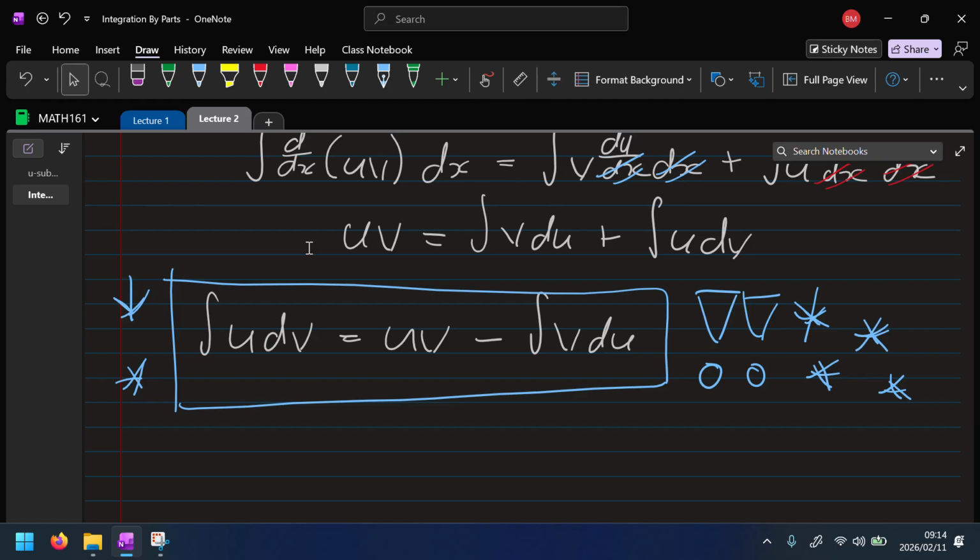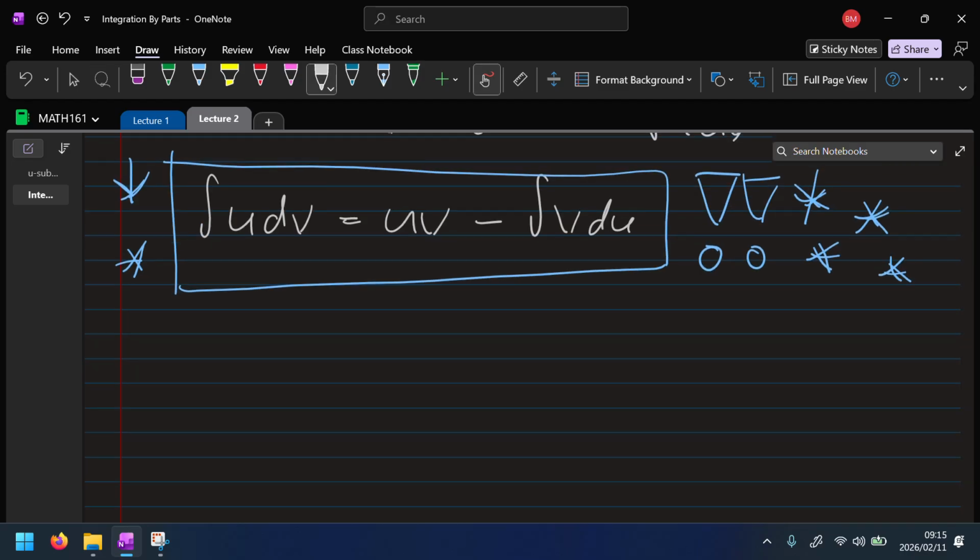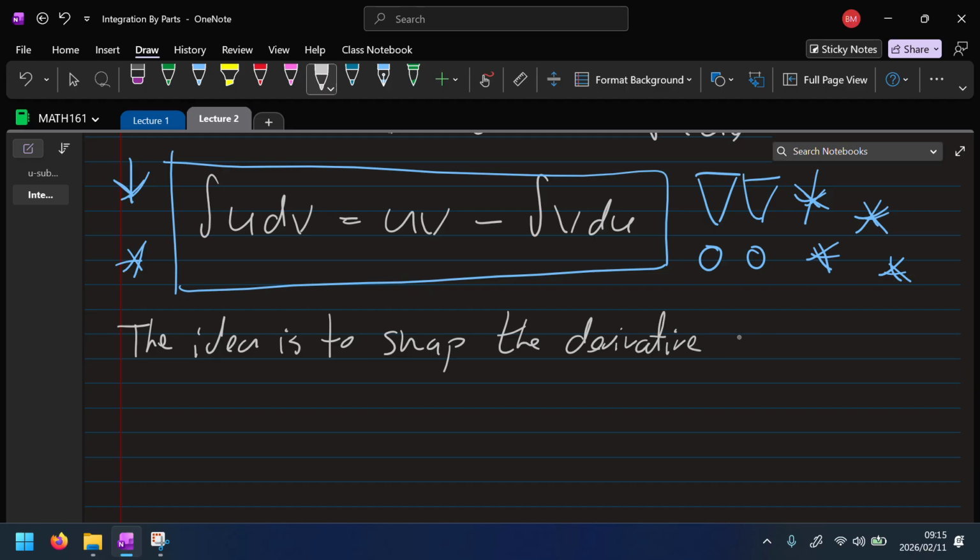The hope is that when we swap those derivatives, that right side becomes easier. It may not become easier in some cases, but again, it's always about hope, right? All of these integration techniques is just hope it becomes easier. So the idea is to swap the derivative from being on v for the dv, to being on u.